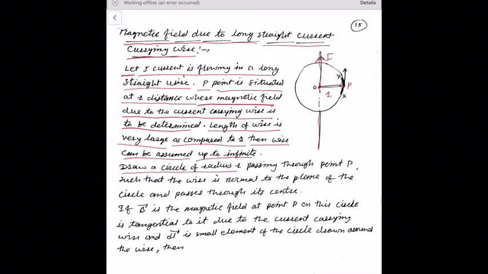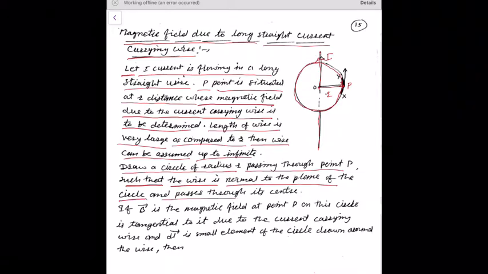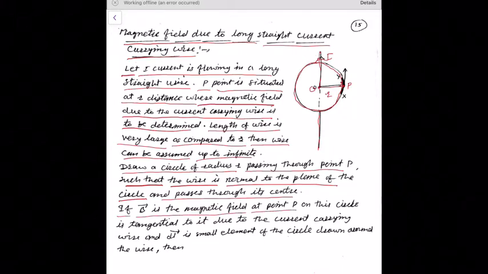Draw a circle of radius R passing through point P such that the wire is normal to the plane of the circle and passes through its center O. If B vector is the magnetic field at point P on this circle, it is tangential to it.